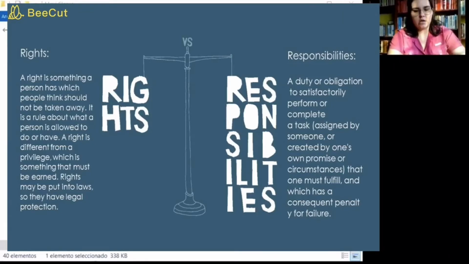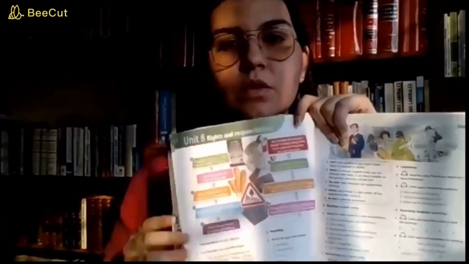Let me stop sharing, and let's start with Unit 8 in the book. In the book, we can find rights and responsibilities. We can find some rules, for example: please turn off your cell phone before entering; no outside food or drink is allowed.